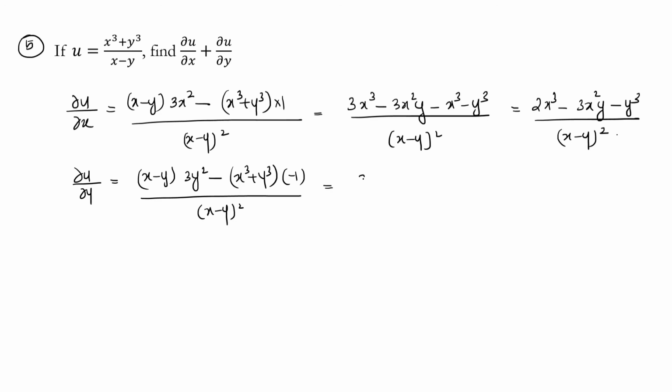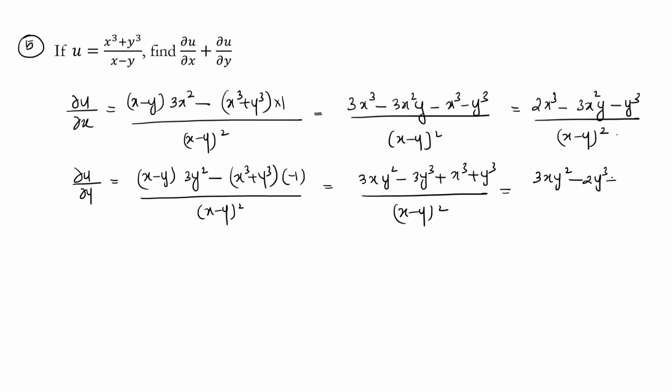This is equal to 3xy square minus 3y cube plus x cube plus y cube divided by x minus y the whole square. We can rewrite this as 3xy square minus 2y cube plus x cube divided by x minus y the whole square.